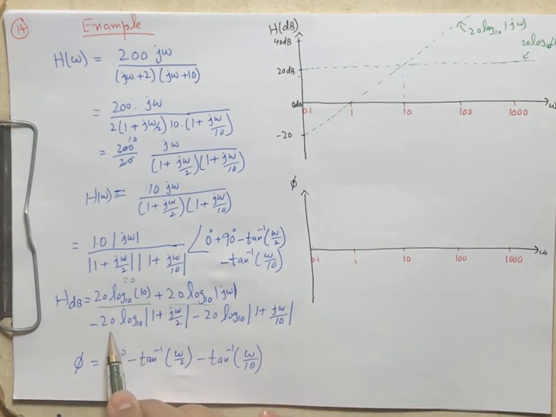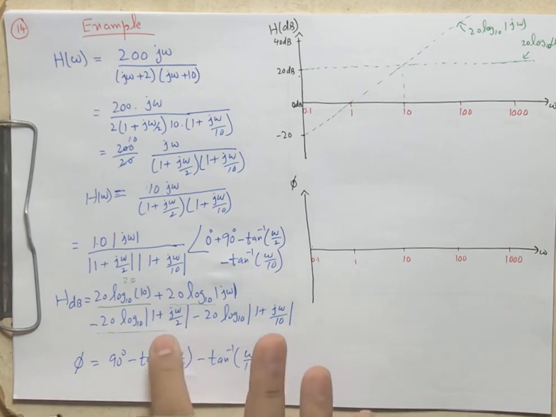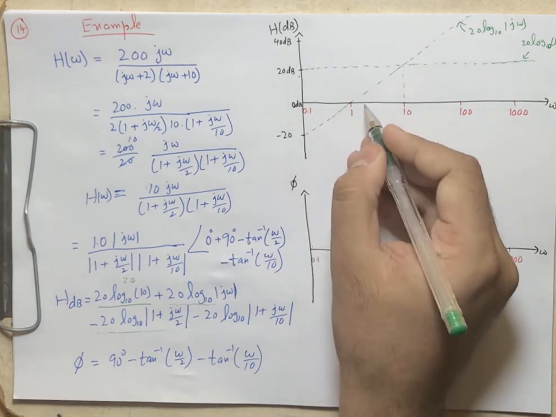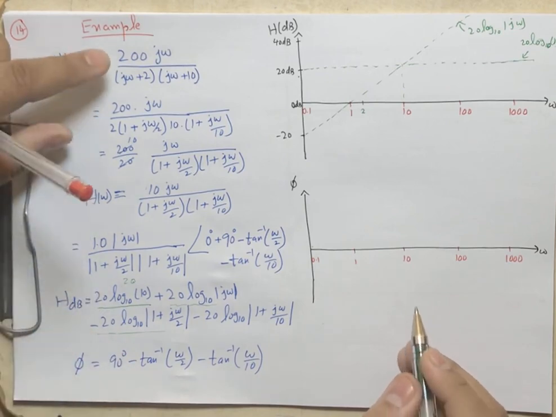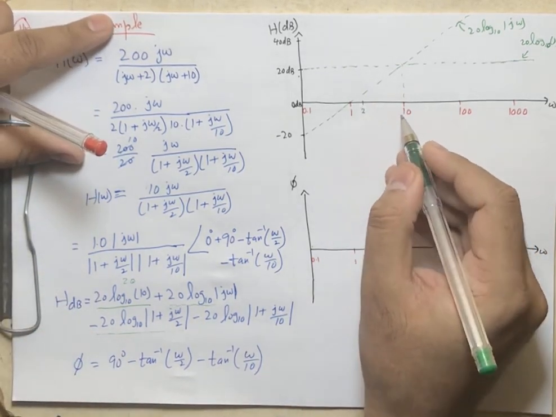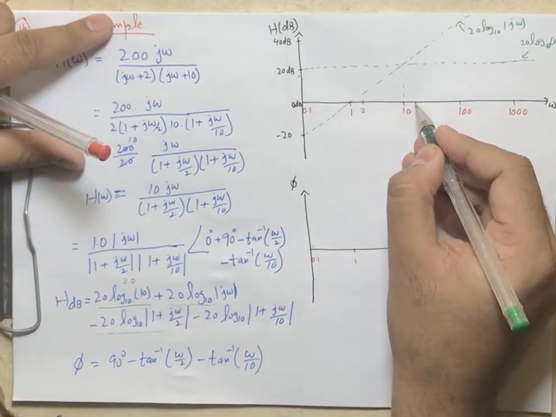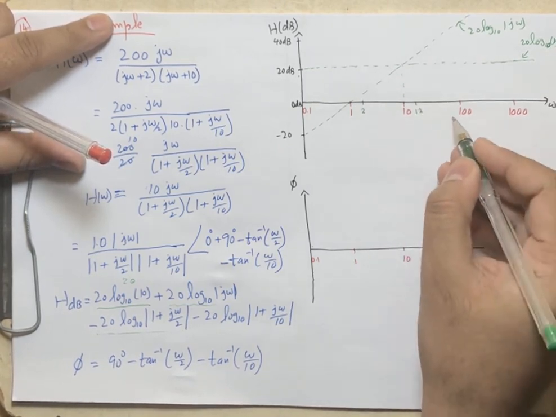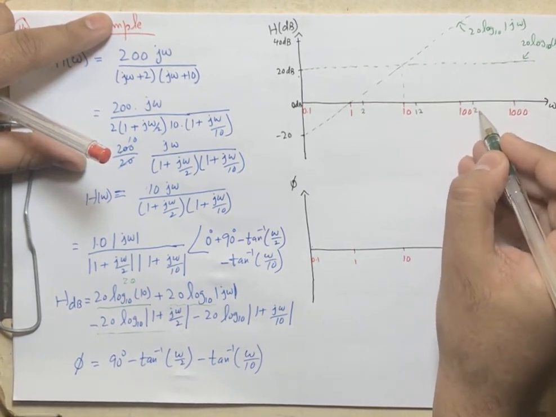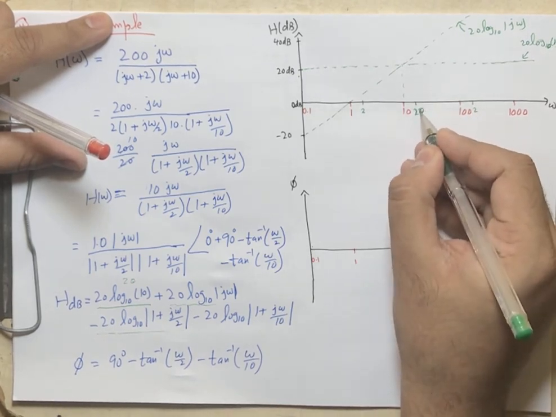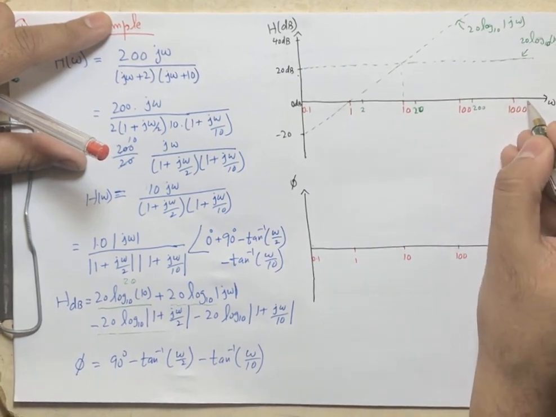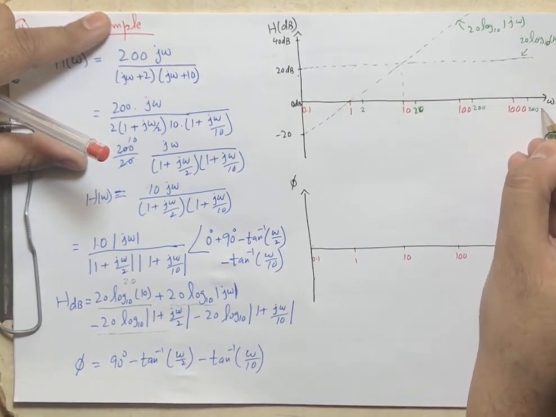Now this is a single order pole, and it will start from its corner frequency. The corner frequency is 2, so it will start from 2. The next decades will be at 20, then 200, and then 2000 as well.